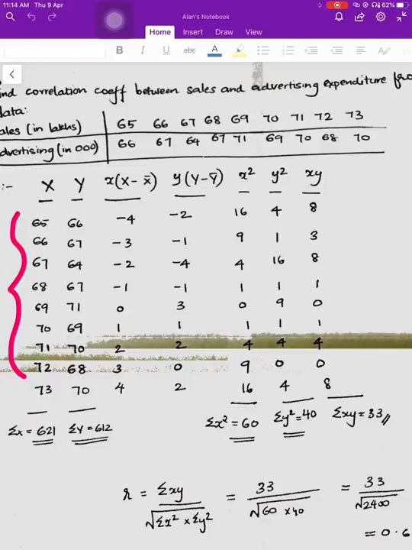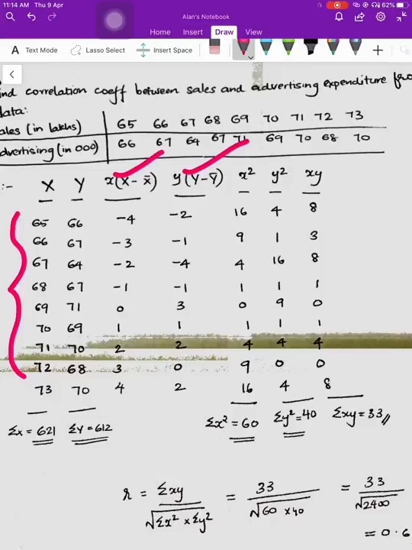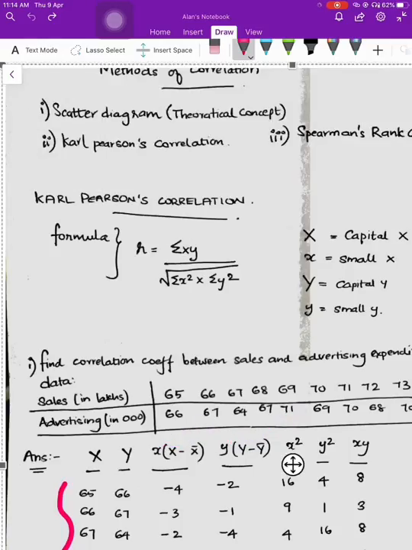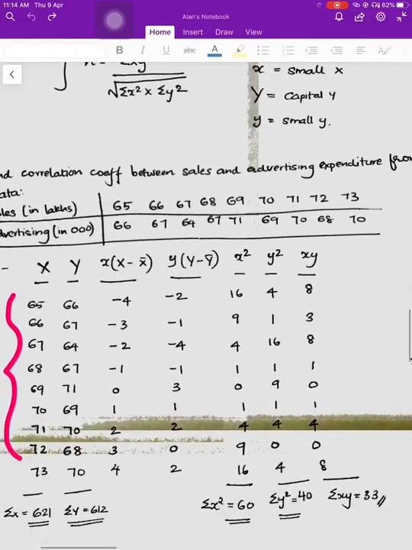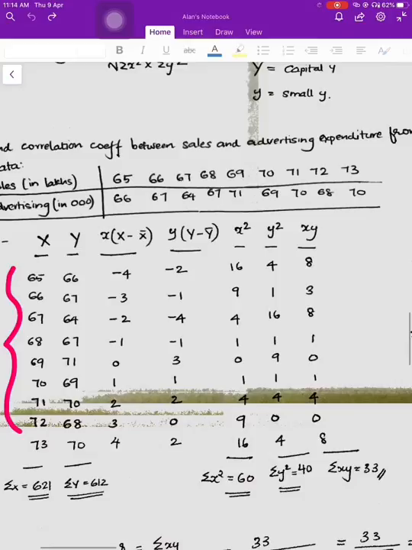Then once we are getting x and y here, what is the next step? Once we got x and we got y, now the next step is to understand the value of x square. Now we already know the value of small x here, that is minus 4, then we will be squaring it, that is minus 4 into minus 4, that is 16.